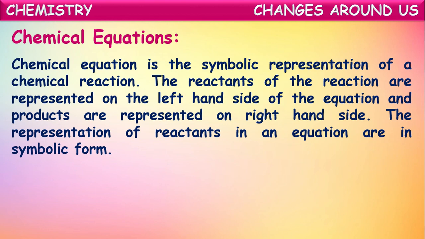And the chemical substances which are formed as a result of this reaction are called products. These products are represented on the right hand side of the chemical equation. The representation of reactants and products is taken in the form of their symbols and formulae.